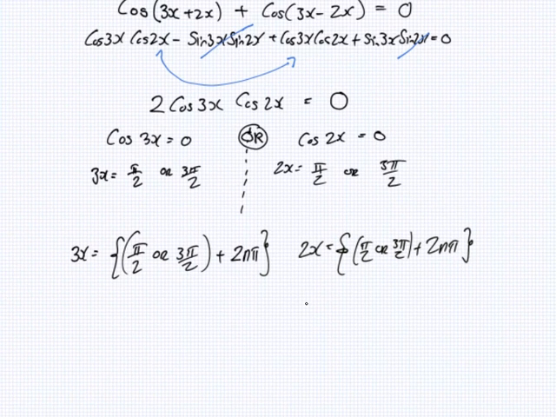Nearly finished. We have to divide here by 3. So a 3 goes here, and a 3 goes here, and a 3 goes here, and a 2 goes here, a 2 goes here, and a 2 goes here.